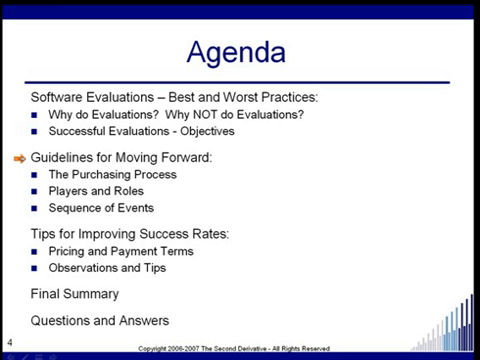After that, we'll take a look at some guidelines for progressing the process from the perspectives of purchasing and the very important perspective of what players and what roles are involved in an evaluation. And we'll introduce the idea of a sequence of events, a tool that dramatically increases the probability of success for an evaluation or related trial.